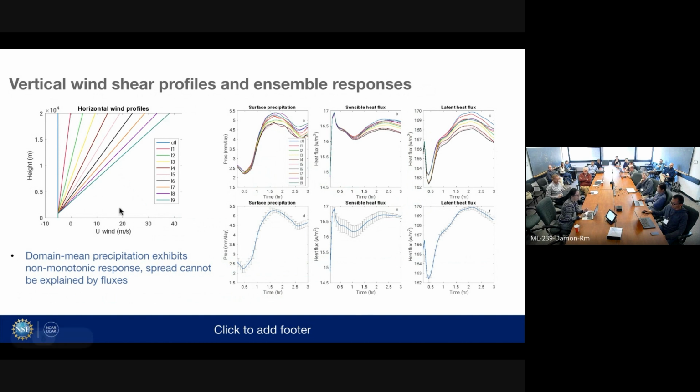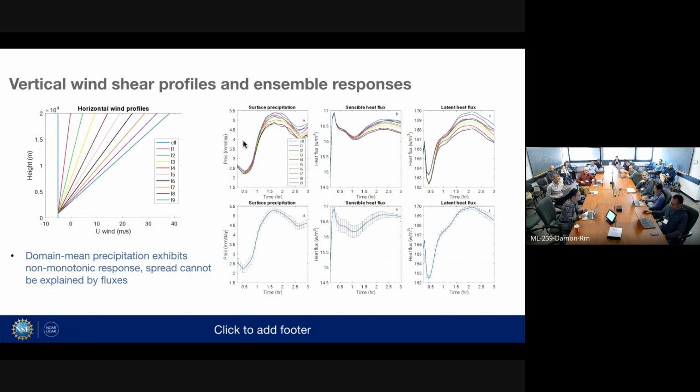So the left figure shows all the different vertical wind shear profiles. Ranging from L1 to L9, the vertical wind shear increases with an increment of 2.5 times 10 to the minus fourth per second. We also include a control simulation that has a background wind of -5 meters per second, which is typical of a tropical atmosphere.